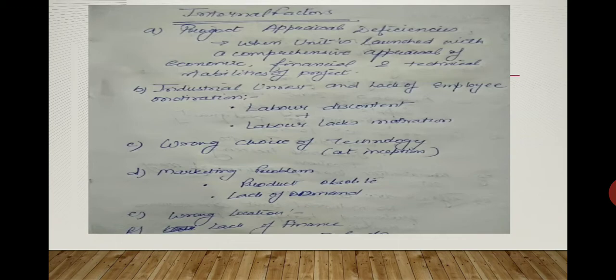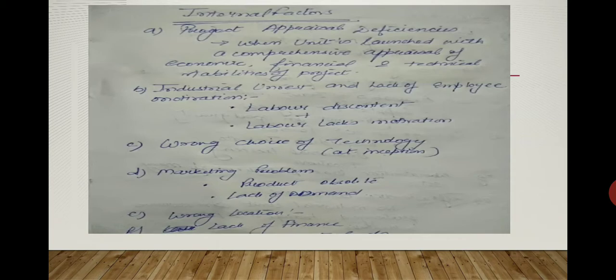It may be because the product is either obsolete, or there is a slackness of demand. People are not demanding the product, and on account of a dissatisfied consumer, the customer is not purchasing the product. The customer is the king of the entire marketing scenario. If the customer is not purchasing, then again the industry tends to be sick.